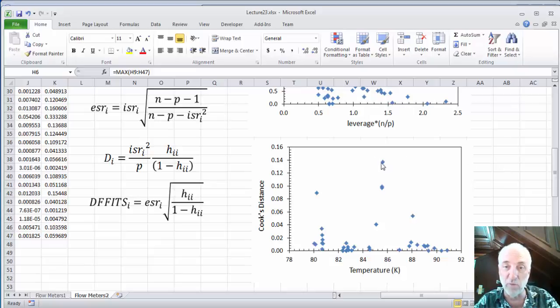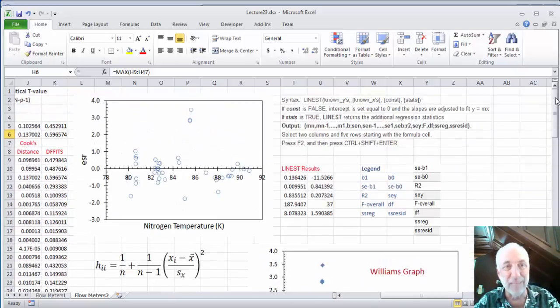And you see we're a long ways away from 1 and just barely above that 4 over n kind of guideline. It's not a cutoff, it's not a statistical test, just a guideline. So when it all comes down to it, we look at all this data, this kind of extreme residual probably not going to hurt us enough to worry about.